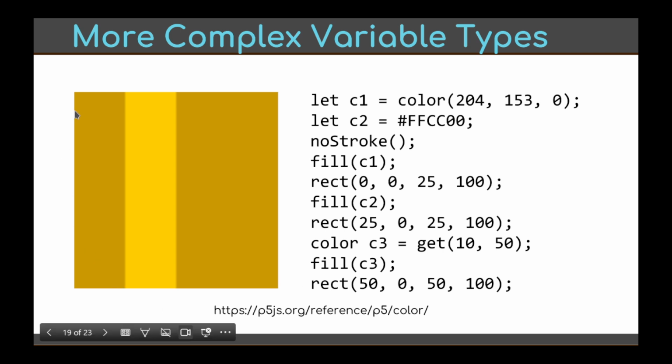So we're going to draw color 1 right here on the left. Then we're going to set fill 2 to color 2 and draw the middle rectangle. Then we're going to set color 3 and we're going to get 10, 50. Set that to c3, fill c3, and draw a rect here, right? So we're actually referencing a color that we put on the canvas to put a new color onto the canvas.